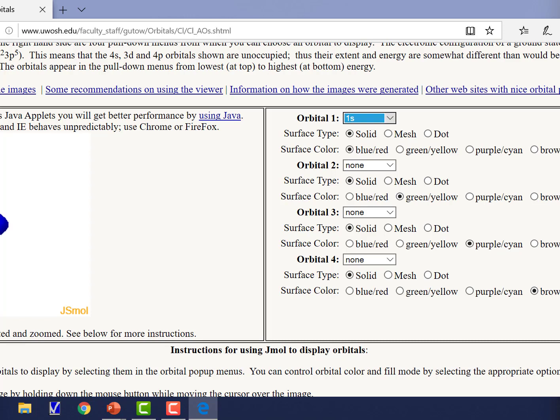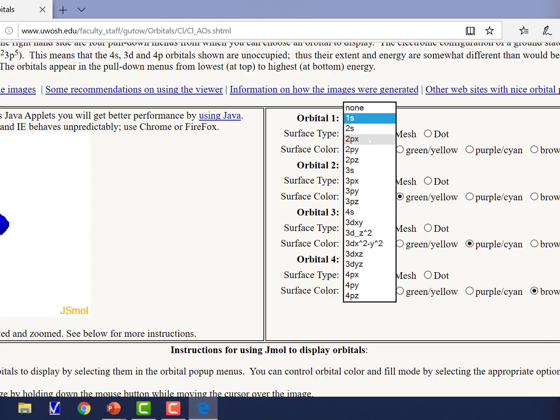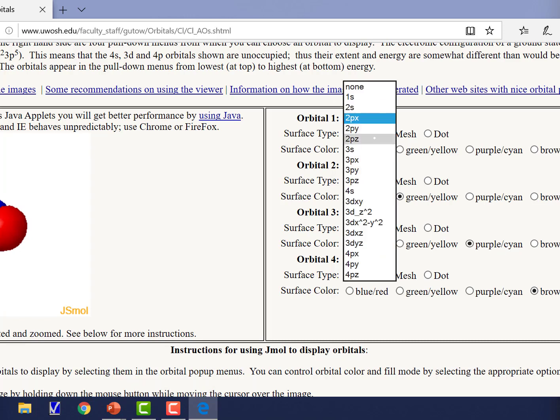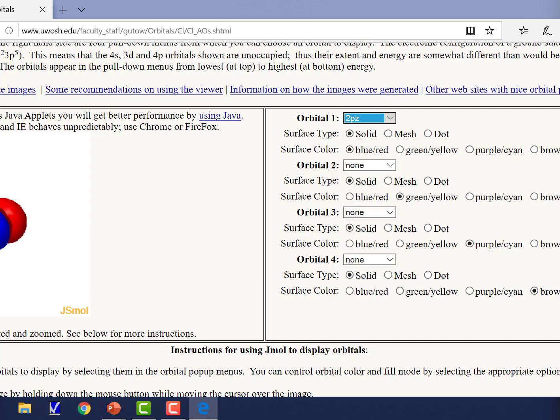Okay. So there's a 1s. Notice it's a sphere. And here's a 2p. See, it's a barbell. That's px, py, and pz, the same thing, only different direction.